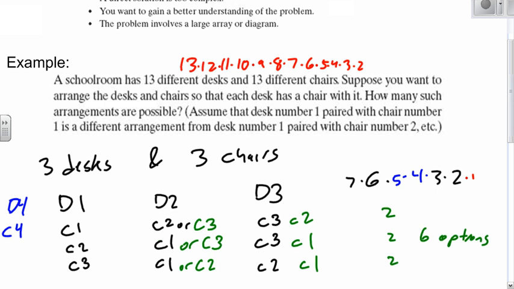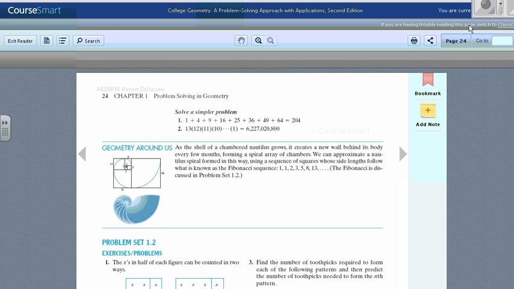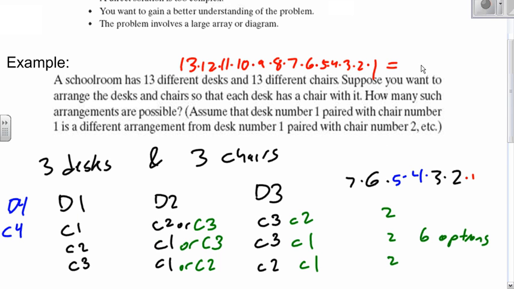You can actually include the 1. So it's over 6 billion different ways that could happen.